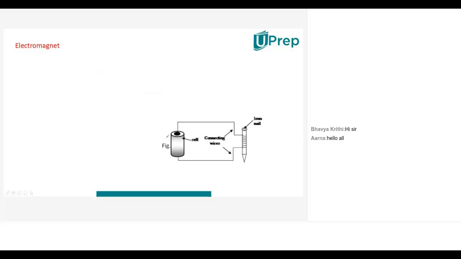If there is very high current used in any room, that switch will get switched off.